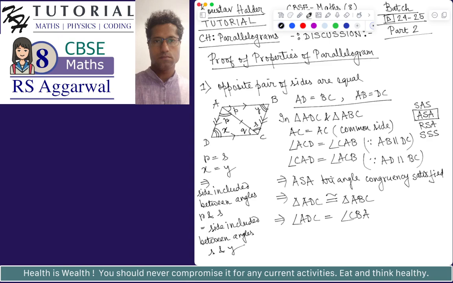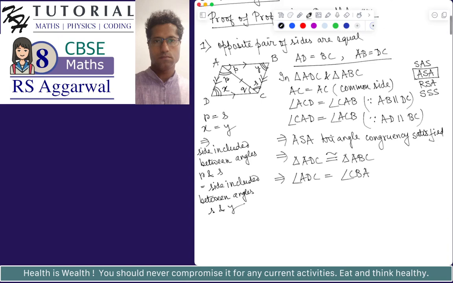So what is the side included between the angles R and x? That is the side AD. So we must have AD equal to, and what is the side included between the angles y and S? That is BC. So we got AD equal to BC. AD and BC are an opposite pair of sides and they are equal.